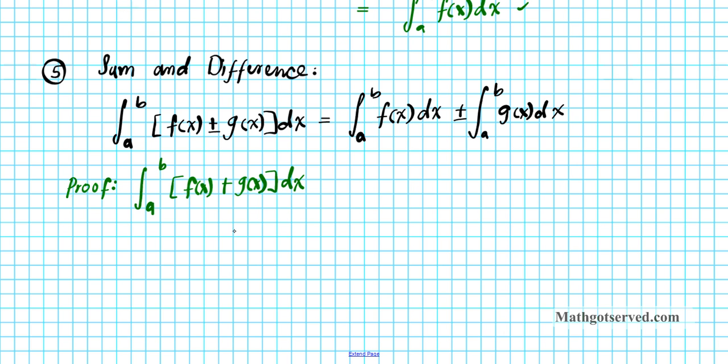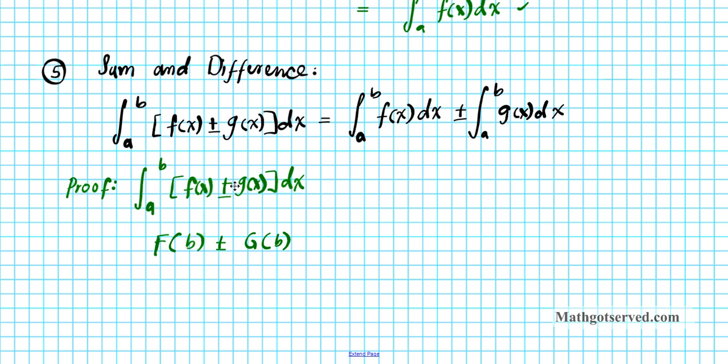Now applying FTC part 1, we're going to have the antiderivative of f evaluated at b, plus or minus the antiderivative of g evaluated at b.